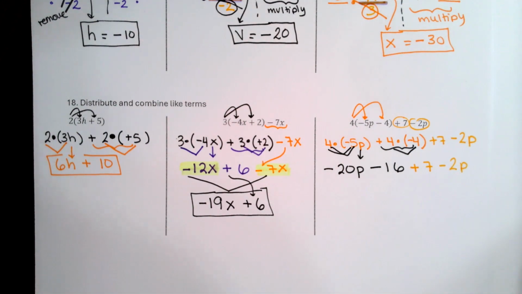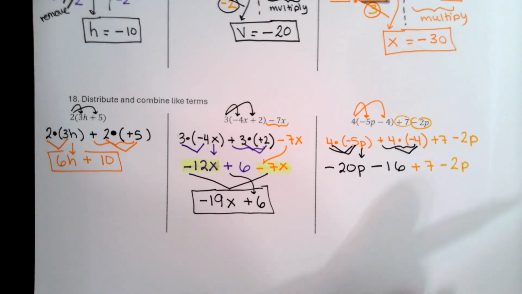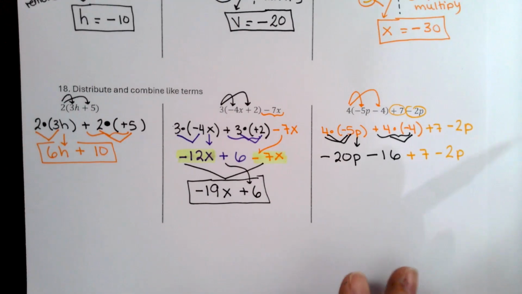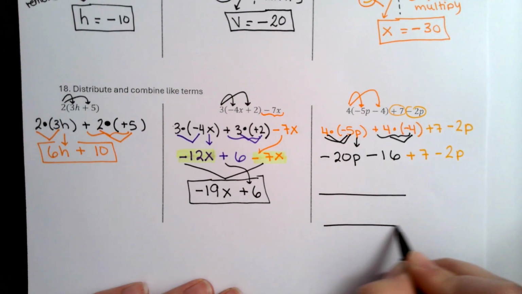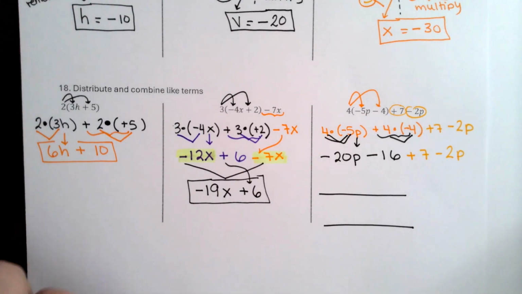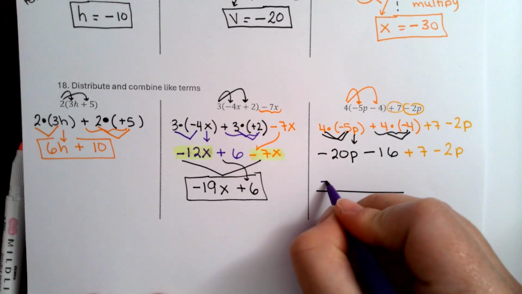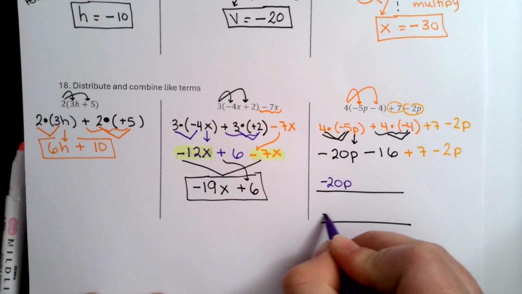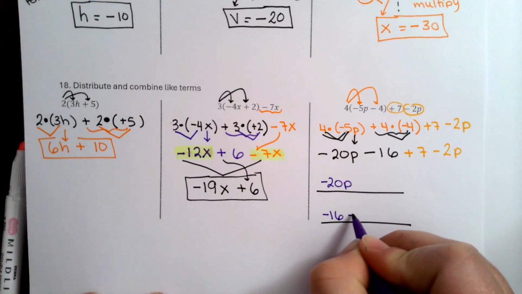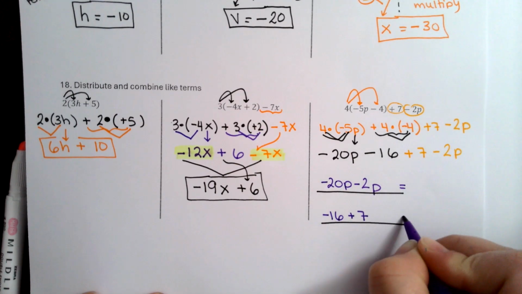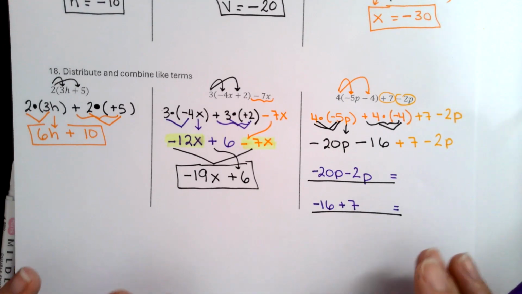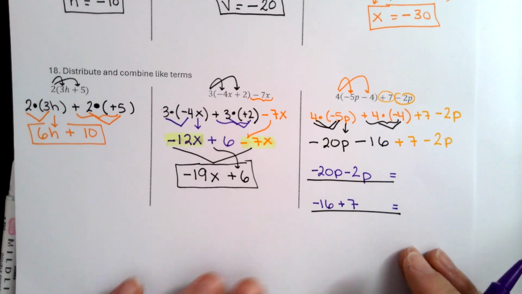Now for this one, you have a choice. You can combine like terms in different ways. If you wanted to, you can write them out like lines. We have a negative 20p, a negative 16, a plus 7, and a minus 2p. You don't have to do it this way. You can do it like this with lines instead.